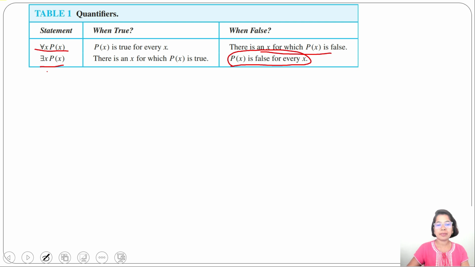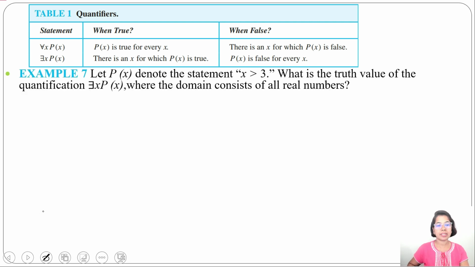So in case of the universal quantifier, it is true for every x and false for at least one x. And in case of the existential quantifier, it is true for at least one x and false for every x. Now let's see some examples. Let Px denote the statement x greater than 3.